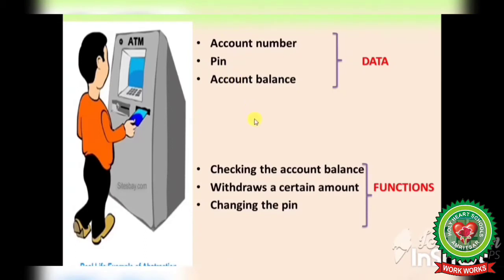You can't see the account number, PIN or balance of others' credit or debit cards. Here, account number, PIN and account balance, these 3 things are data. Checking the account balance, withdrawing a certain amount and changing the PIN work as functions of that particular machine. So encapsulation saves these things from other people.